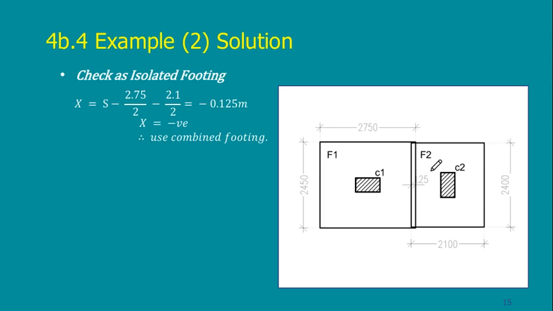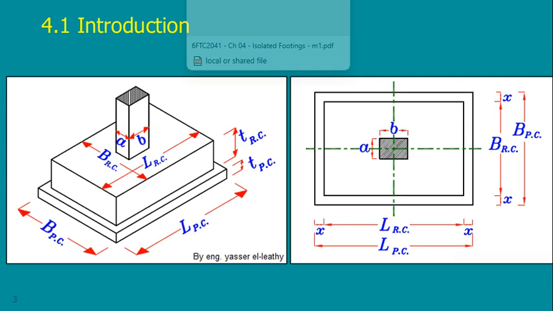Why do I prefer two isolated footings over one combined footing? Because it will be cheaper. Why is it cheaper? Just a reminder, this is an isolated footing. If you remember, in isolated footings, where is my steel? I only use lower steel. I don't have upper steel.